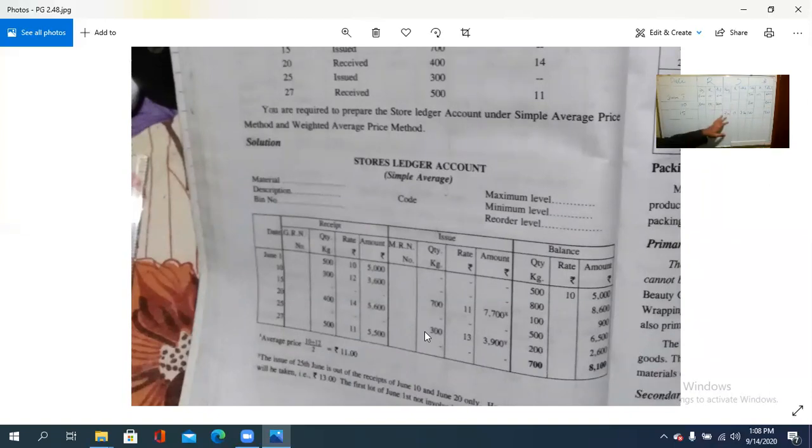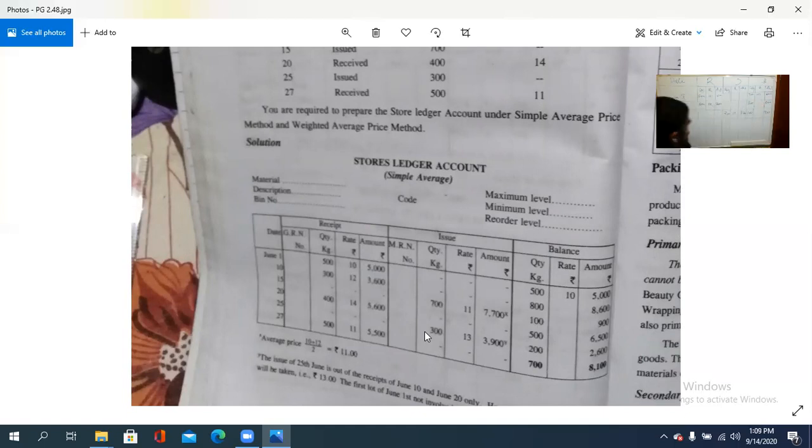Here, one thing you need to check: almost all the quantity of the first lot is utilized. Out of the 800, 700 is utilized, so only 100 is available, with 900 as the amount.